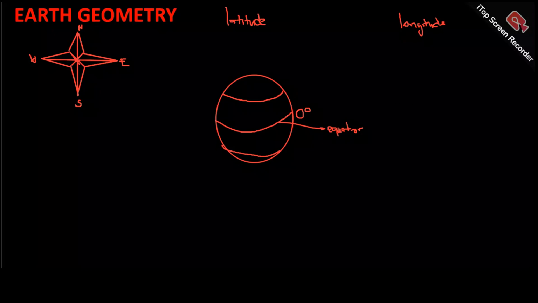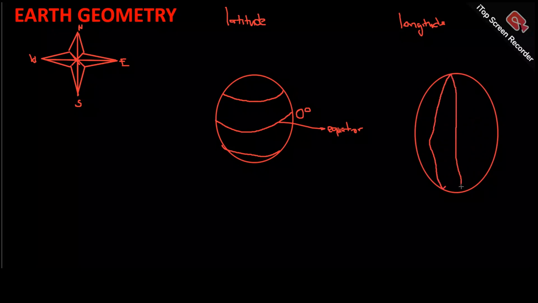What about the longitudes? The longitudes run from north to south. The lines I'm drawing are not very neat, but I'm sure you can see what I'm talking about. Now, the longest one is not the equator.